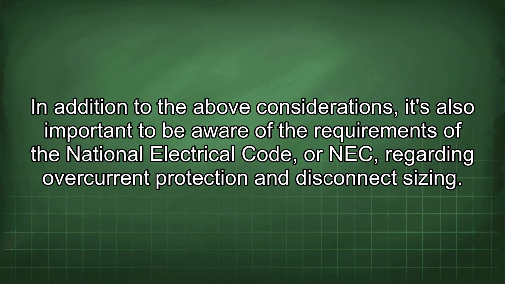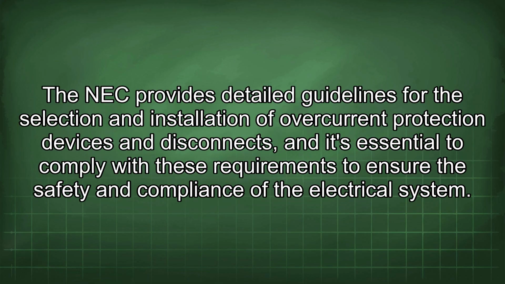In addition to the above considerations, it's also important to be aware of the requirements of the National Electrical Code, or NEC, regarding overcurrent protection and disconnect sizing. The NEC provides detailed guidelines for the selection and installation of overcurrent protection devices and disconnects, and it is essential to comply with these requirements to ensure the safety and compliance of the electrical system.